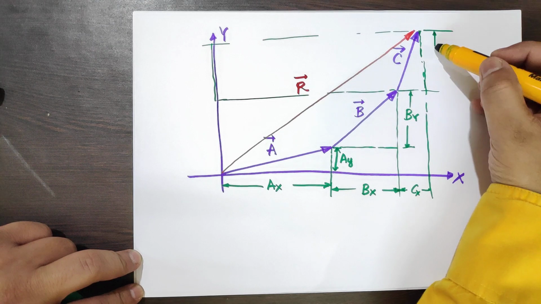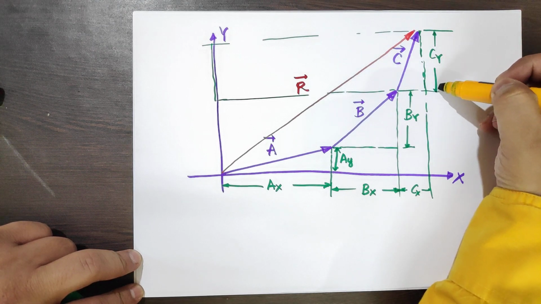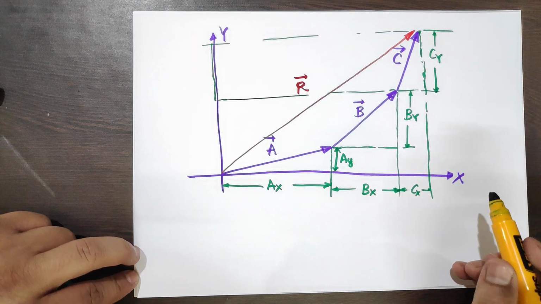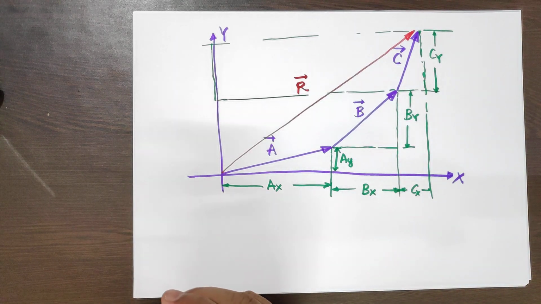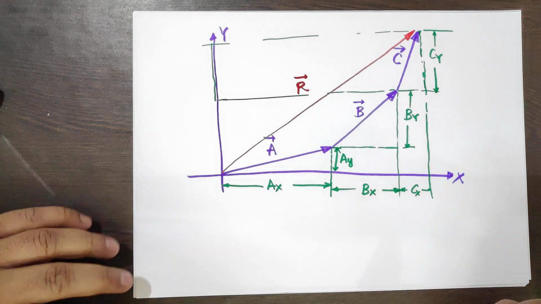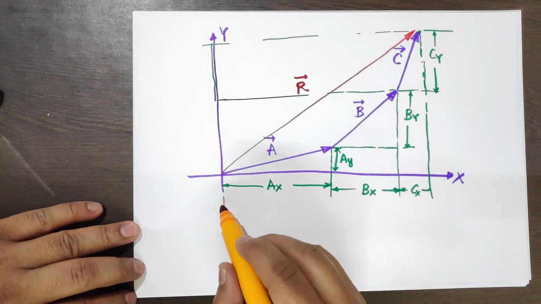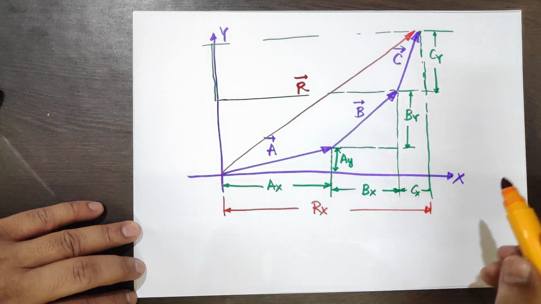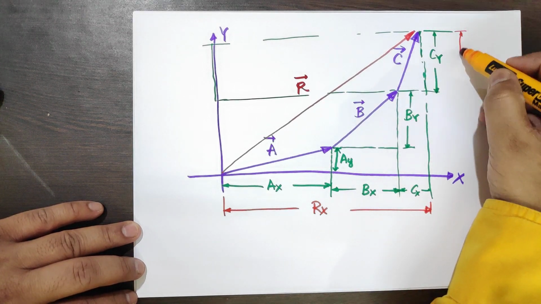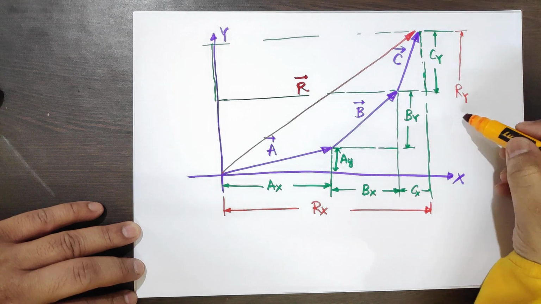So that's Cy. Now what is the component of R along the x direction? Component of R along the x direction is Rx. Component of R along y direction is Ry.